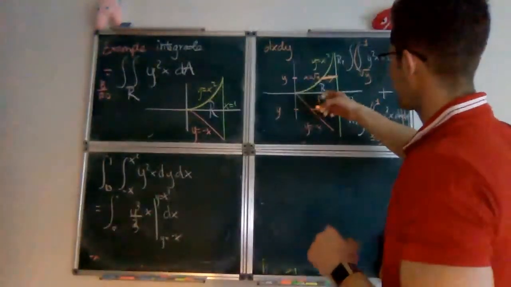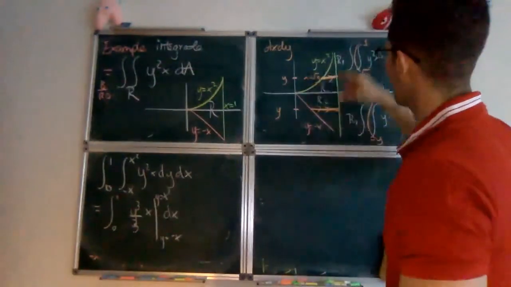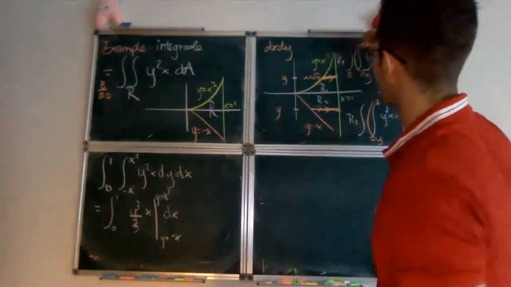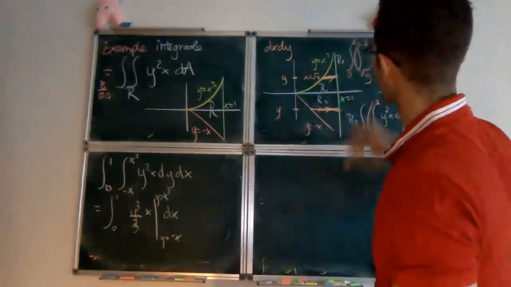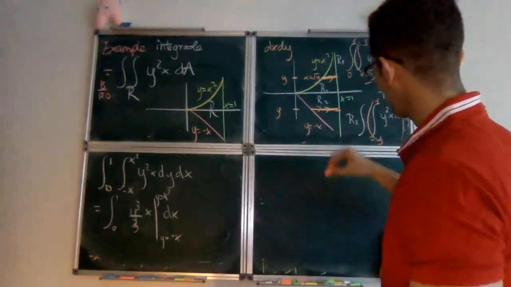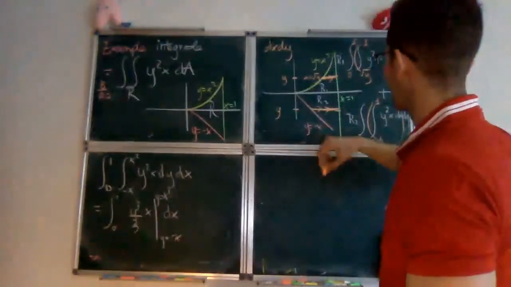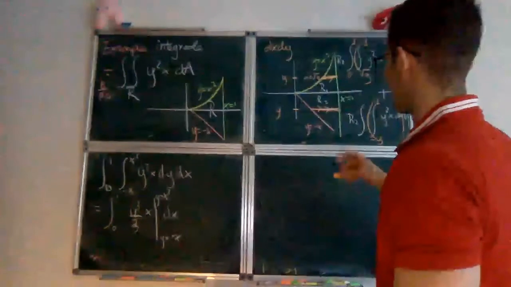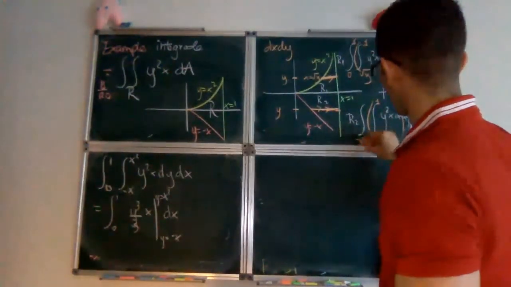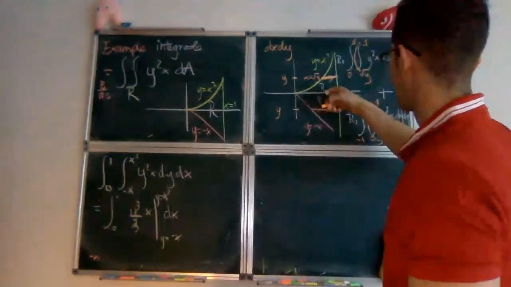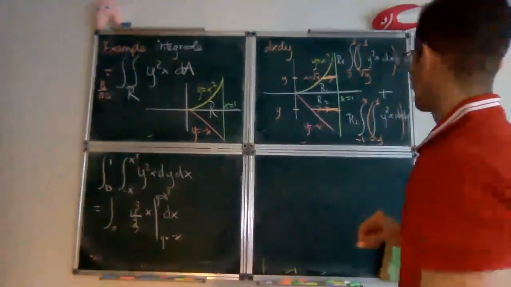It starts on the x-axis, so it starts at 0, and it ends here, which is the value of 1. Okay? On the other hand, on this side, it goes from negative 1, which is here, and it ends on the x-axis.